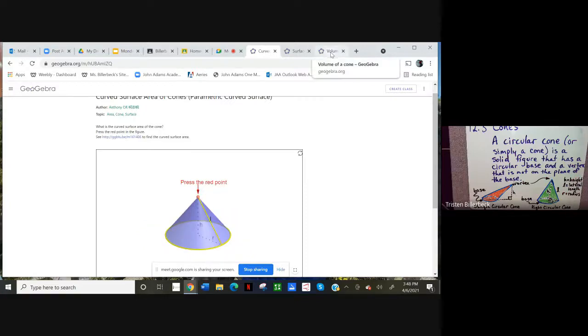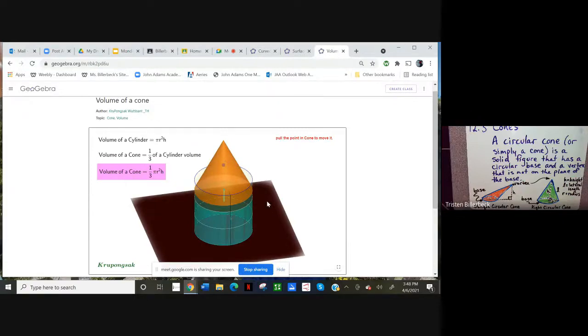Okay, so now let's look at volume. The formula for the volume is 1/3 pi r squared h. That should look familiar because the volume of a cylinder was pi r squared h. What this means is that if we cut the cylinder into 3 different sections, this cone, if it was melted down, would fill only one of the thirds.